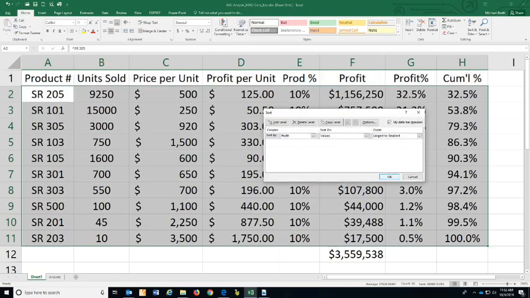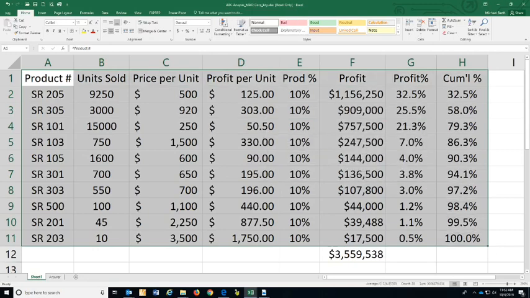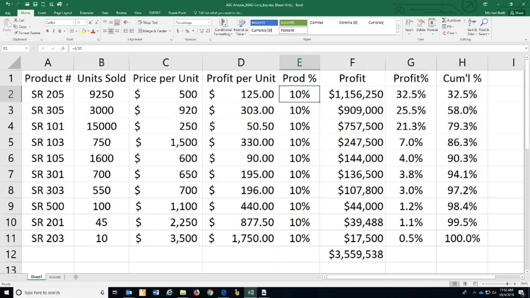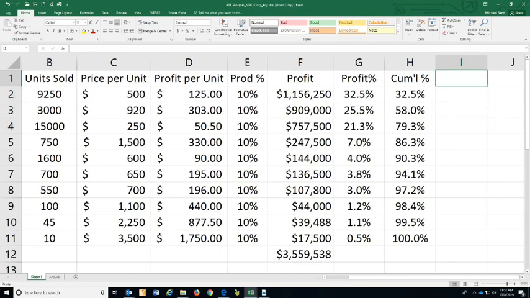It's going to tell you that the top 3 are 80% of your profit. And it's the same top 3 that were the key elements, but they're in slightly different order. All right, and that's because we have a different profit margin.